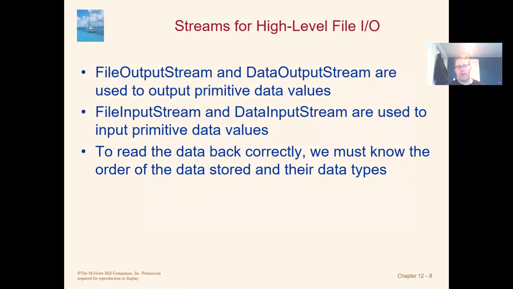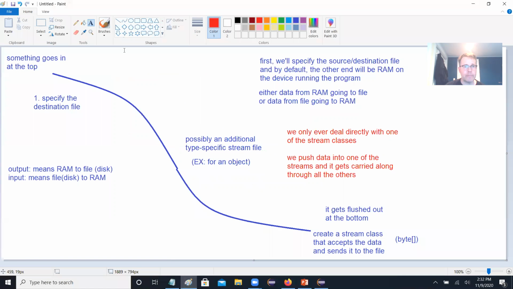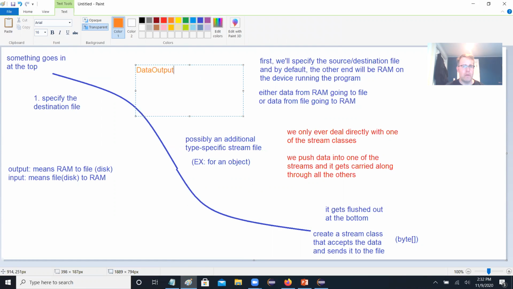Okay, so the next one, we'll introduce data output stream and data input stream. What these two do is allow saving and loading primitive data, reading and writing.